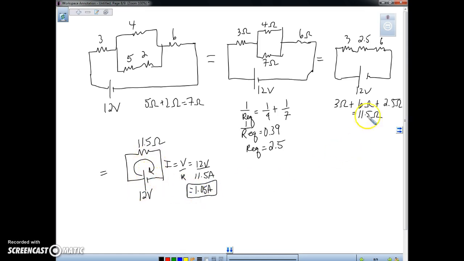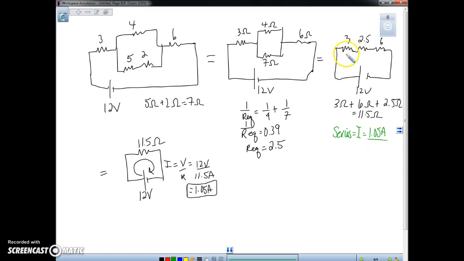Now, from here to here, our step was that we are in series. I'll go in green just to show you the differences. Series means that the current must be the same for all of these. So that means I is going to equal what we just found, 1.05.